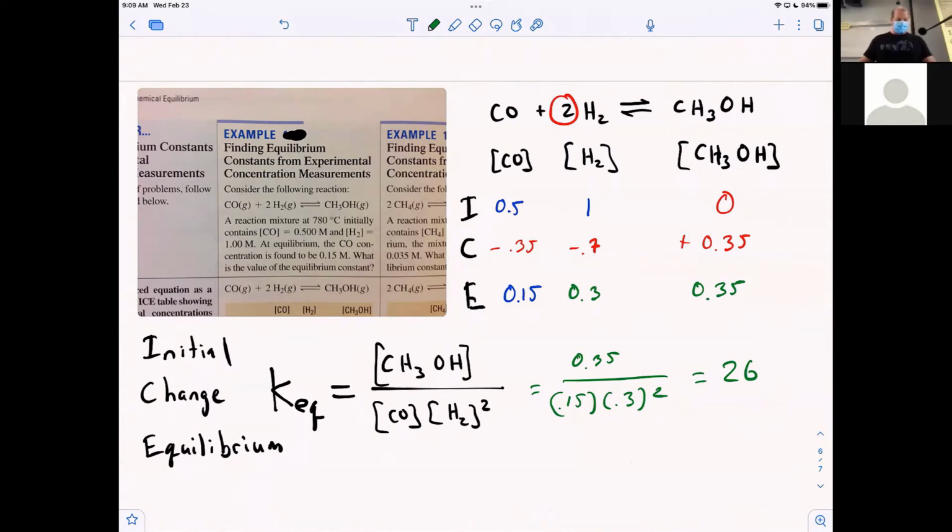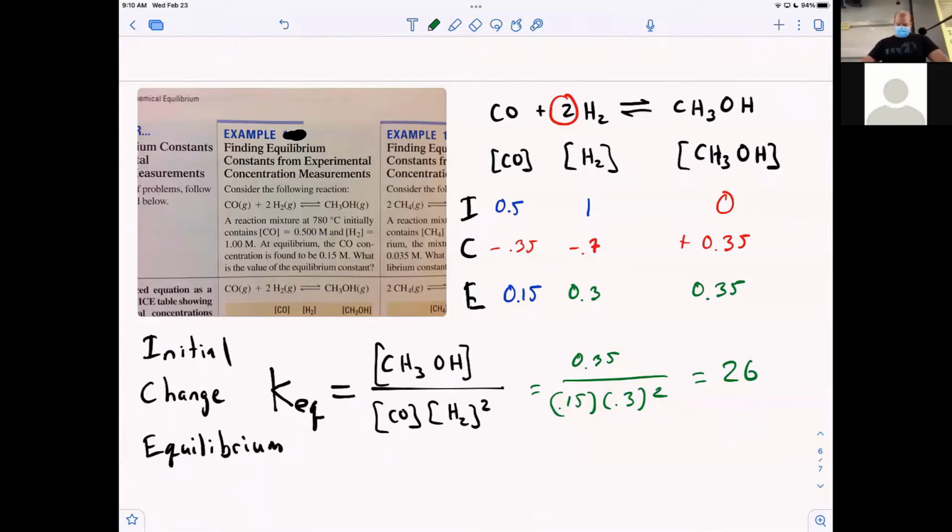So the initial concentration of the methanol product is 0. But since carbon monoxide starts at 0.5 molar and ends at 0.15 molar, we lose 0.35 molar of carbon monoxide, and it's a 1-to-1 ratio for carbon monoxide in the whole equation.